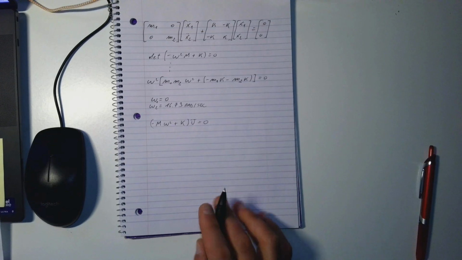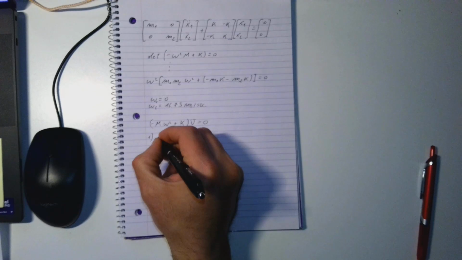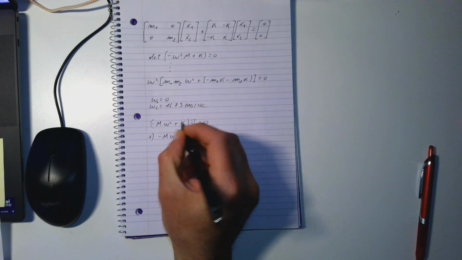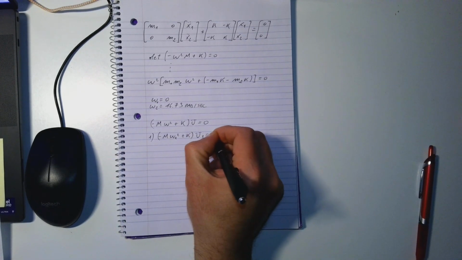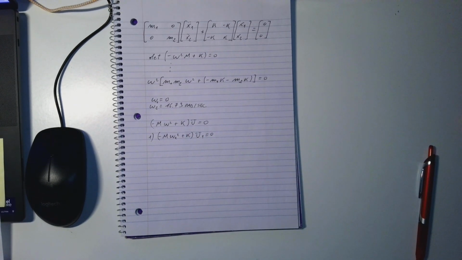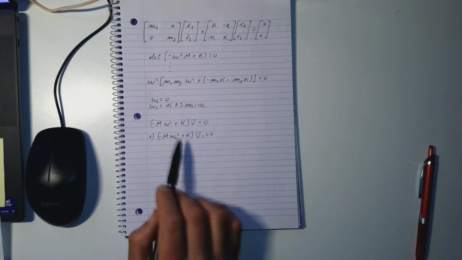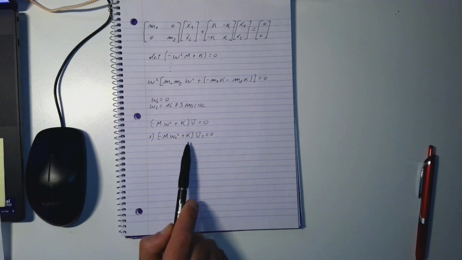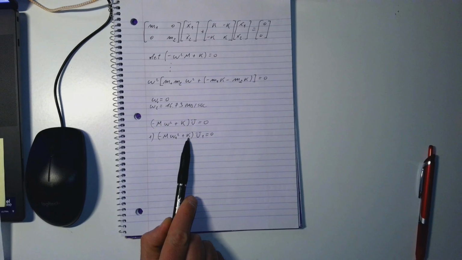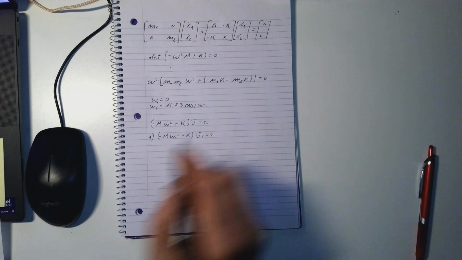So we start with omega 1, which is equal to 0. We have negative m omega 1 squared plus k times u1 equal to 0. So the fact that the frequency is actually equal to 0 in this case simplifies a little bit our system. And then what happens is that basically we will have the stiffness matrix that multiplies this vector and then equal to 0.